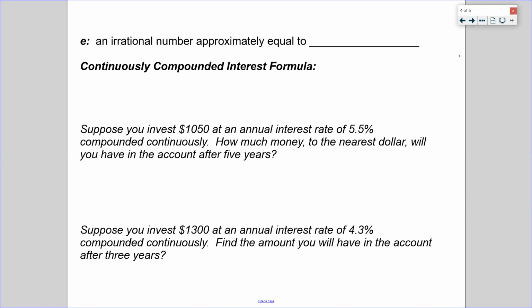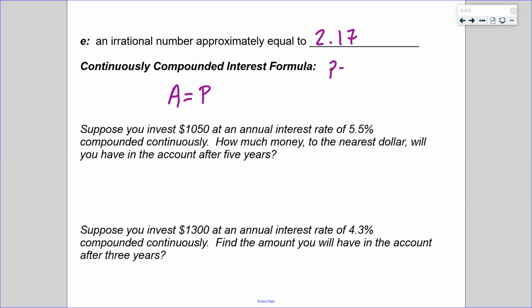E is an irrational number, approximately 2.71. We have all these formulas you can use it for, but the compound interest formula is A, the money in your account, is equal to P, which stands for principal, or the amount you start with.